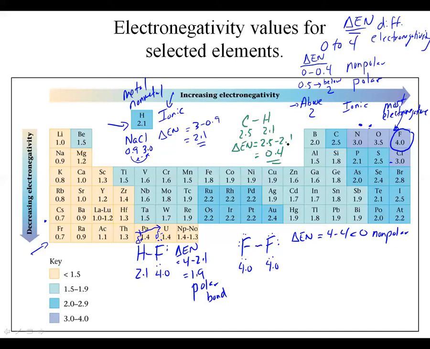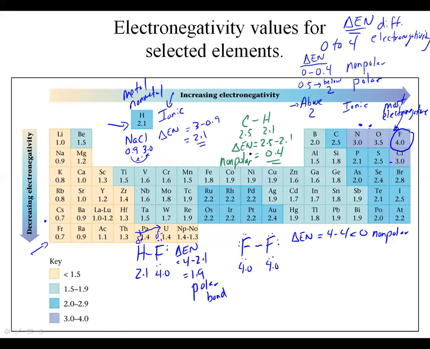So this 0.4 difference would make carbon and hydrogen a nonpolar bond. And that really is why the cutoff is at 0.4. Carbon hydrogen is essentially a nonpolar bond. It's the basis of organic chemistry.